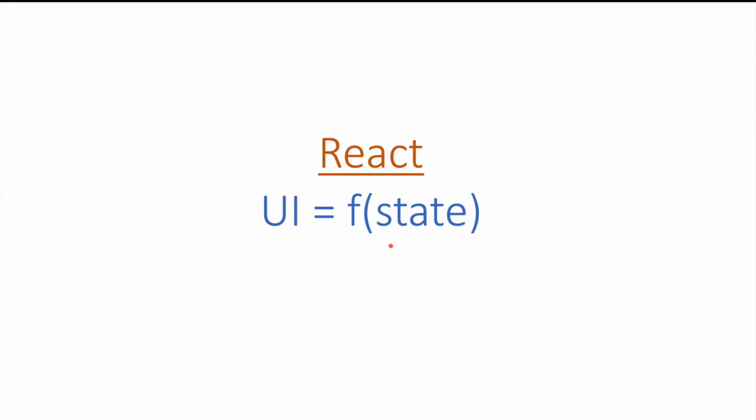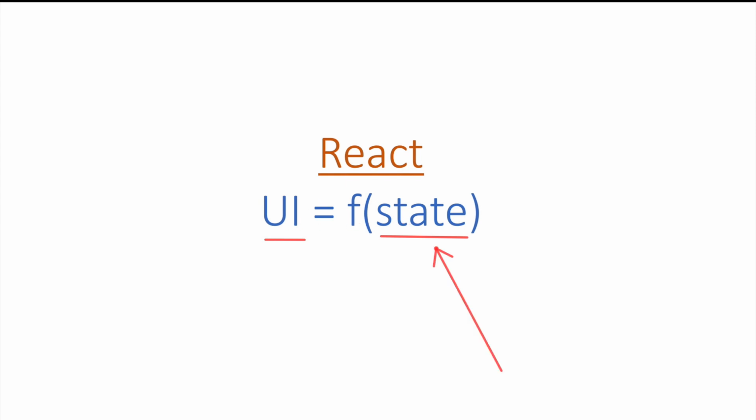All in all, the core principle of React can be boiled down to this single statement over here, that UI is a function of state. So if the state changes, the UI will change, and React will take care of that. That means React will make sure that the UI changes when the state changes.